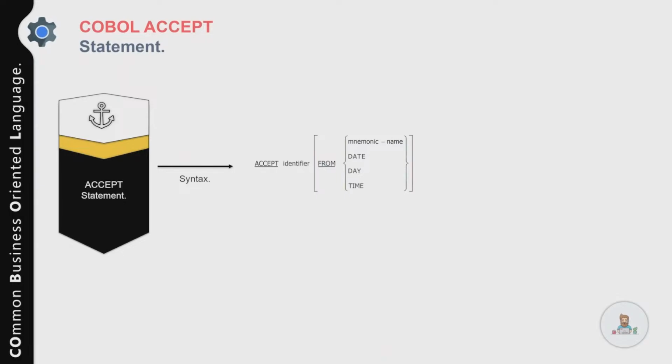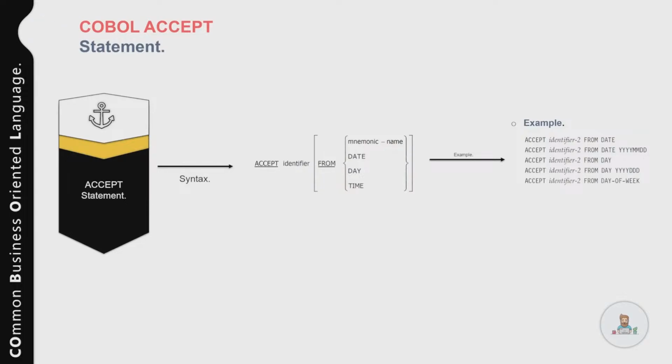After that you have the FROM keyword followed by a couple of additional options, and these options are used to read low volume data from the operator console or some other hardware devices or from the operating system itself. And remember, if the FROM option is omitted, then the data is read into the identifier with left justification from the operator console. However, if the FROM option is included, then the data is read either from the specific hardware or from the operating system.